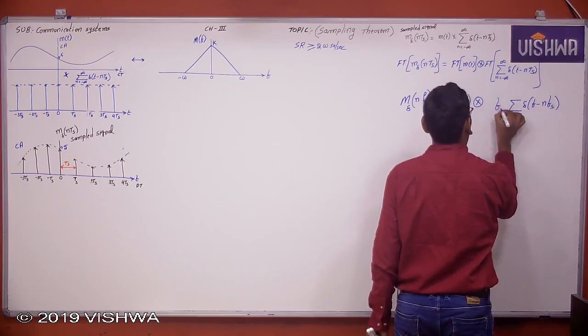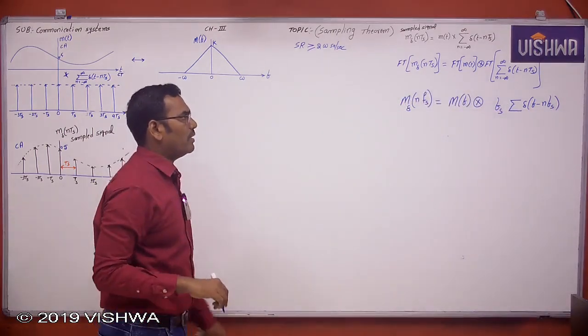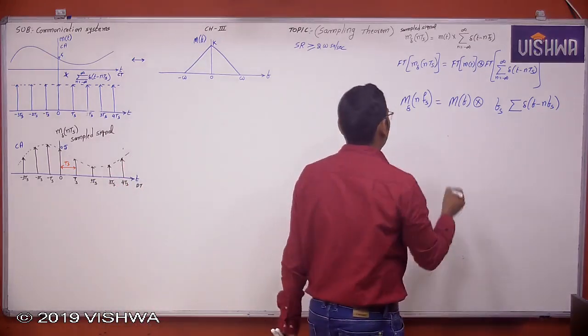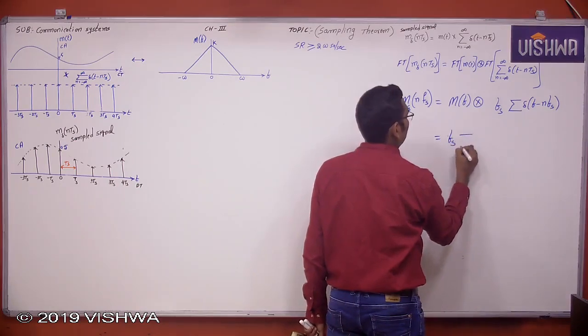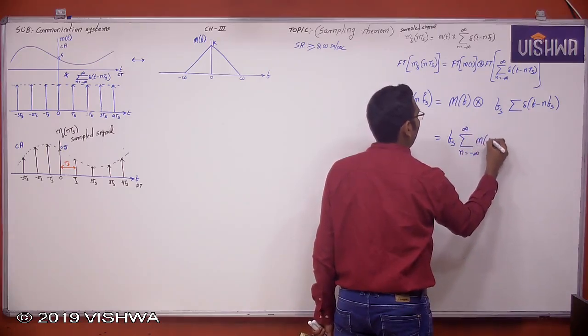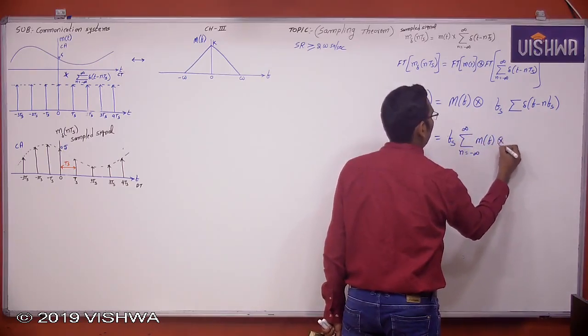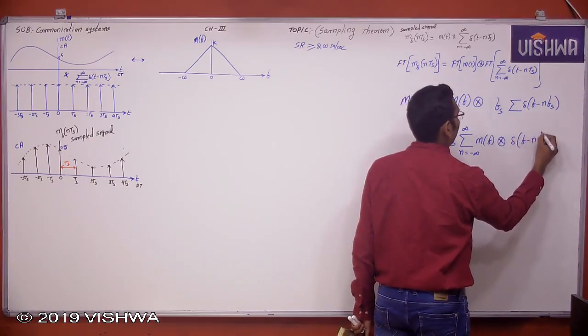Using the scaling property of delta of t minus a t, which is nothing but 1 by a into delta of f minus, this becomes fs summation n equal to minus infinity to plus infinity M of f convolved with delta of f minus n fs.